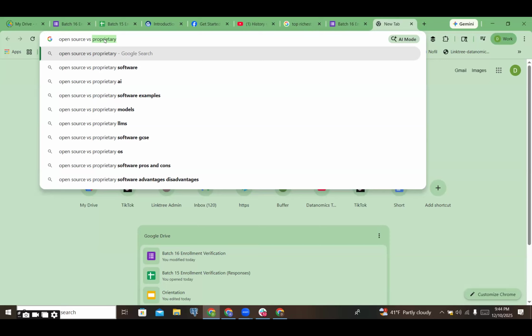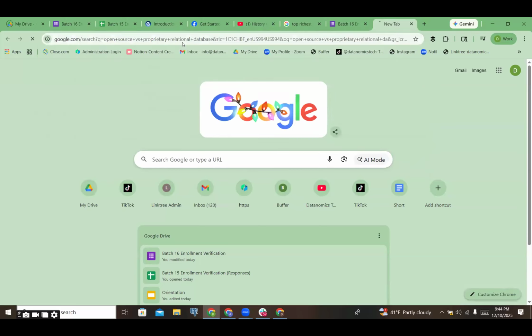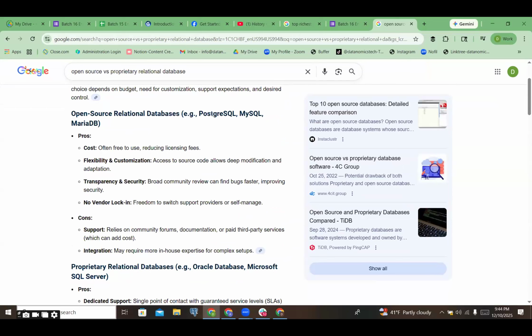So let's look at them. Let's look specifically at relational databases. Open source relational databases include Postgres. That's why we're using the Postgres database system, this specific software, because it's open source. It's available for free for us to use.